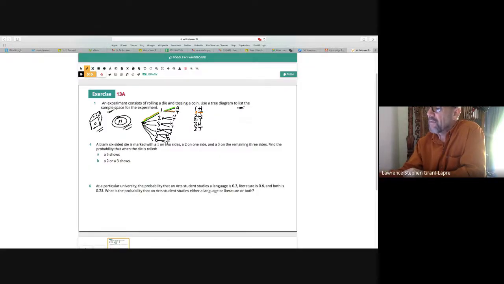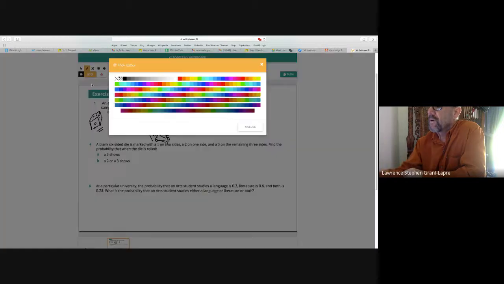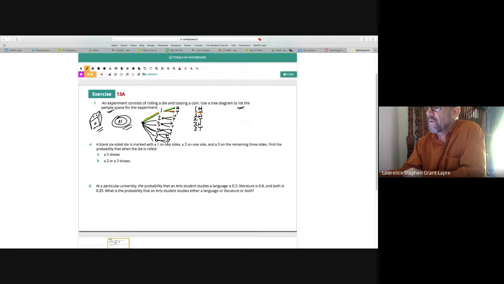Down here, we're up to 4 and a head, 4 and a tail, 5 and a head, 5 and a tail, 6 and a head, 6 and a tail. And this is the sample space.